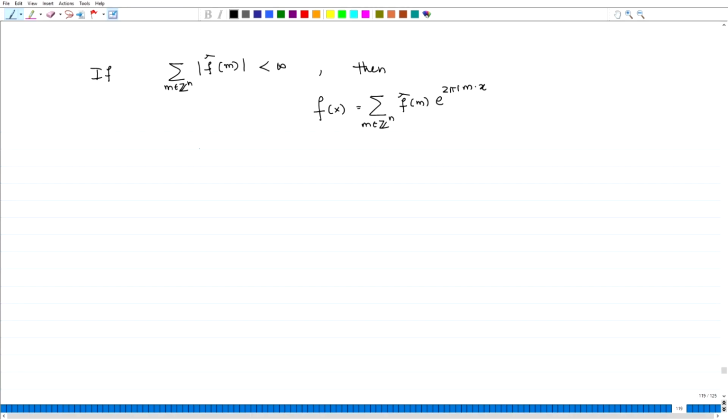And also for continuous functions, one can get that the integral of |f| square dx is going to be the sum of |f hat of m| square. This is nothing but Plancherel's rule. So, we will have the parallel one, and also the Parseval identity.